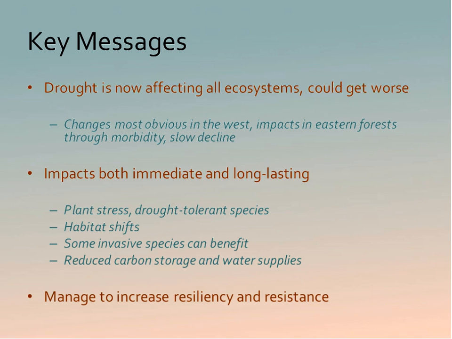Obviously, we've been really influenced by some of the big changes in the West, but increasingly we're finding in the eastern U.S. that a lot of the mortality we find in forests, once you start to look at where that morbidity sets in, it's often related to extreme dry events. So it's not just the West where changes are going on. The effects are, some of them are fast, but some of them are pretty long-lasting.